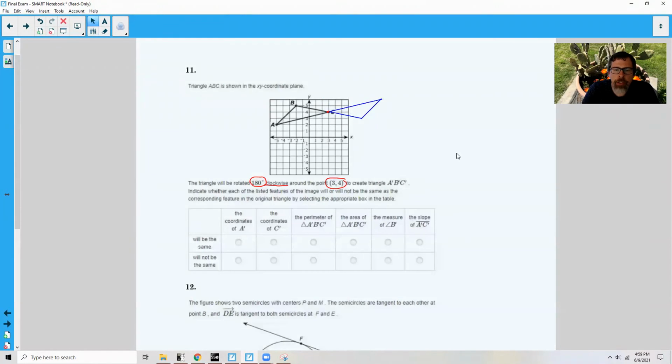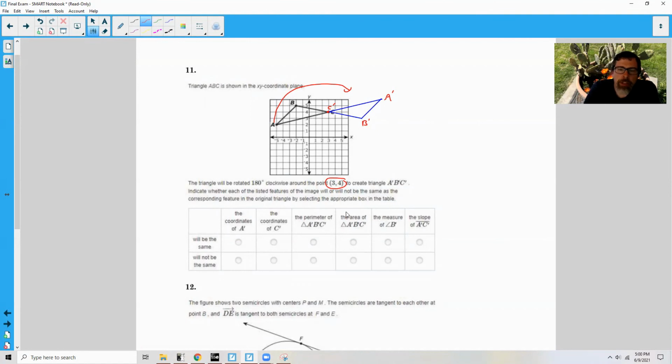Okay, so there is the 180 degree rotation. So let's now label this. B is here, this is B prime. A is here, A rotated around and it said clockwise. So we went this way and now A prime is here. C shares C prime because that was our point of rotation. So there is our rotated triangle.